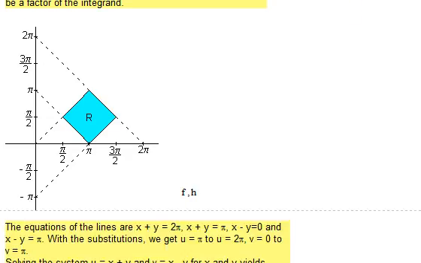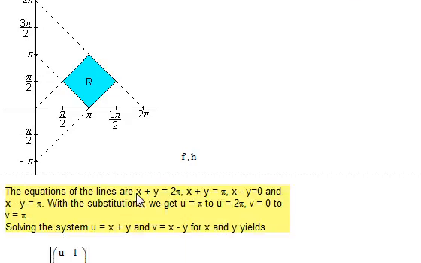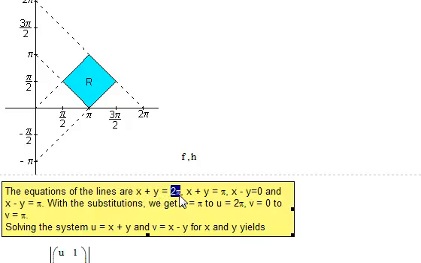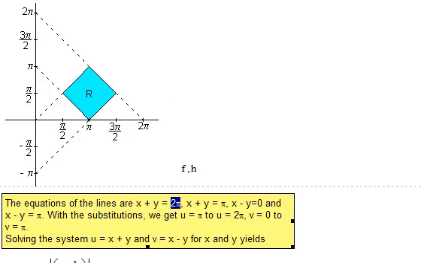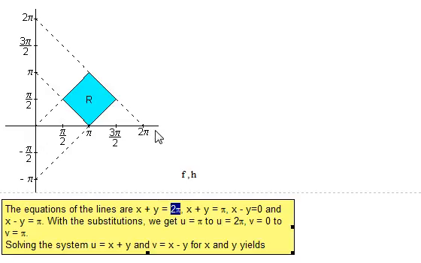And if we have that in the equations, x plus y equals 2 pi, which is the equation of this line, and x plus y equals pi, which is the equation of this line. See, this gives us a top and a bottom.